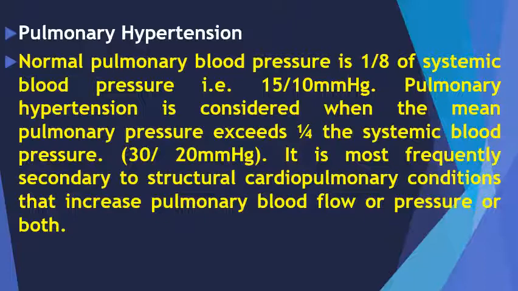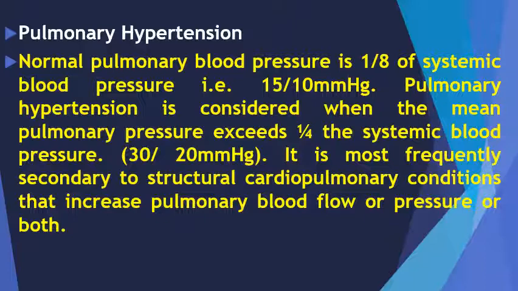The other topic that we will discuss today is pulmonary hypertension. Normally, pulmonary blood pressure is 1/8 of the systemic blood pressure, that means 15/10 millimeters of mercury.